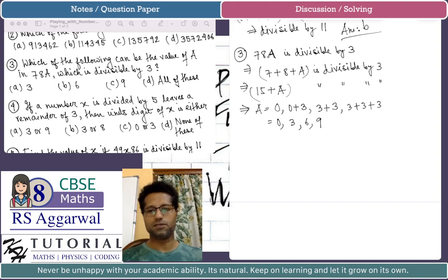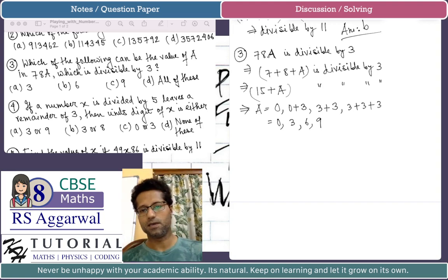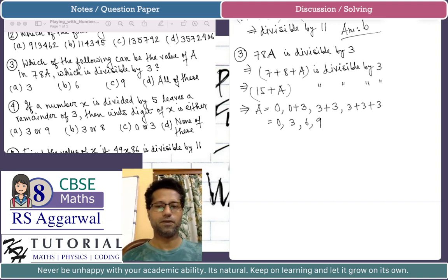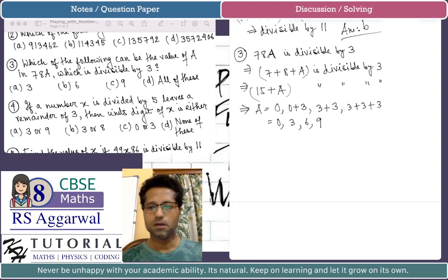So 0, 3, 6, 9 are the possible values of A that will make 15 plus A divisible by 3. So the choices are A: 3, B: 6, C: 9 and D: all of these. So obviously the correct choice will be D, that is all of these.